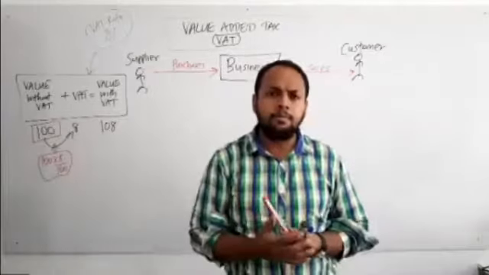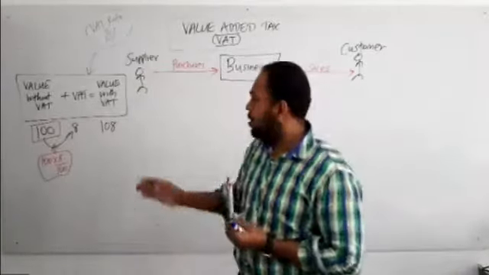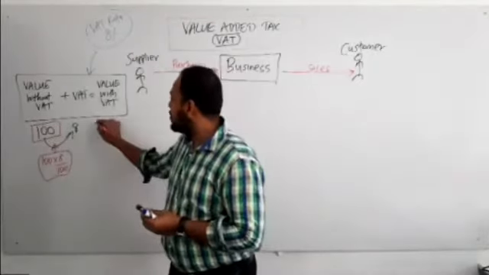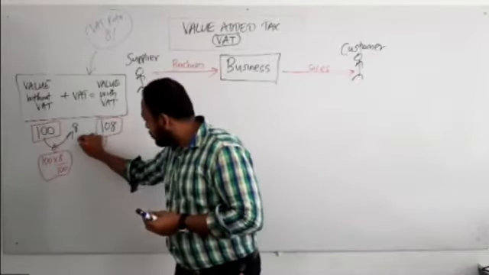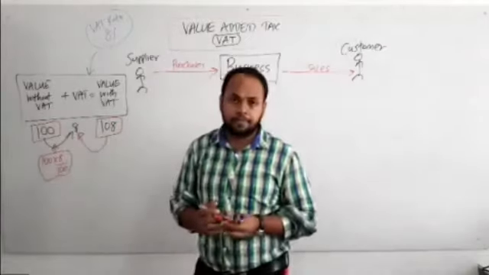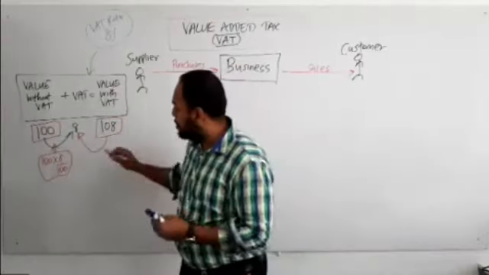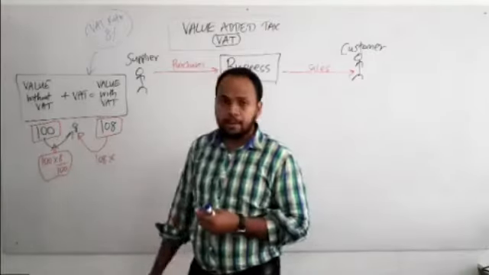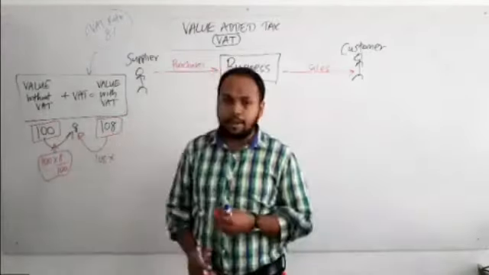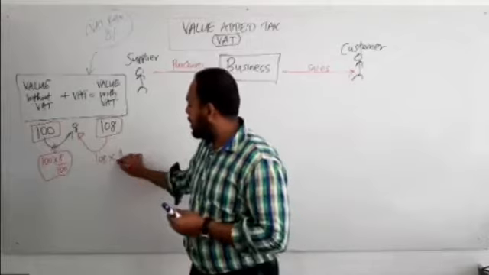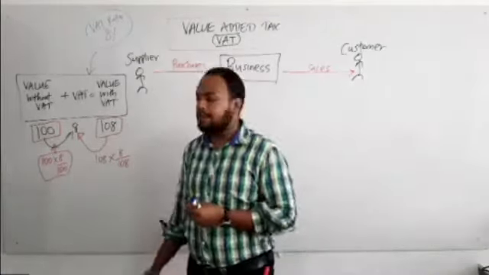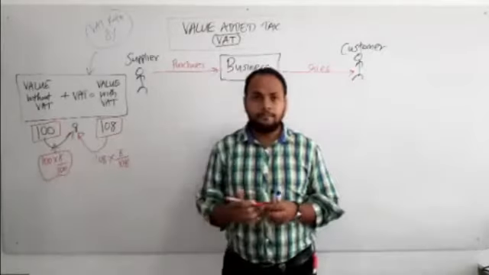Sometimes they will give you the value with VAT. Then your equation will be, now you have 108, whatever this value, multiplied by 8 over 108, then only you get the VAT amount.